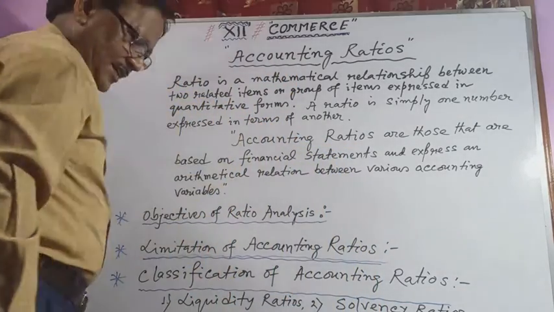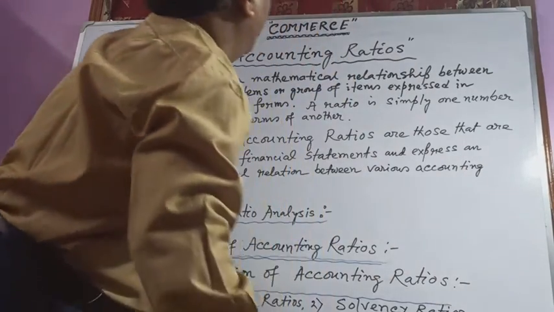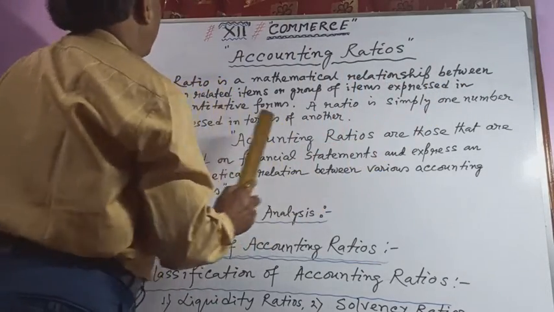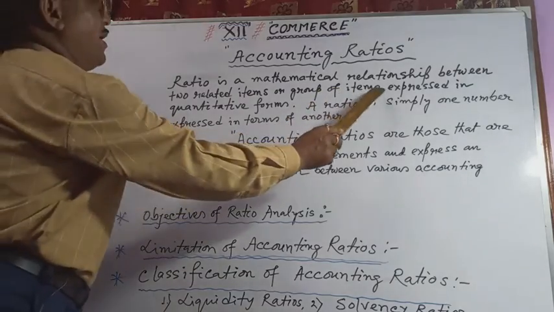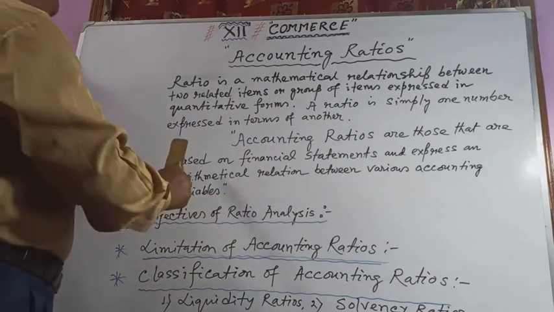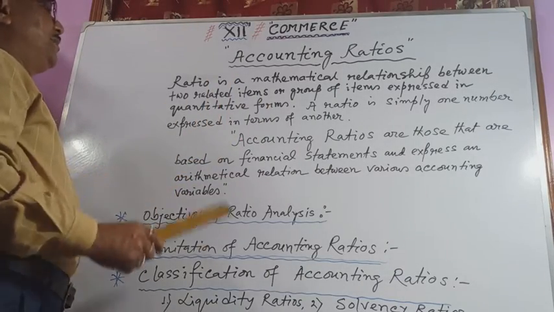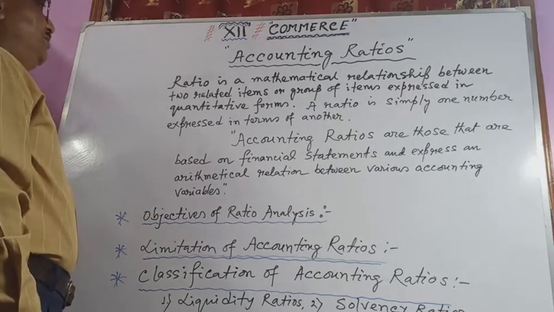A ratio is a mathematical expression or relationship between two related items or groups of items expressed in quantitative forms, that means in rupees, values, okay, not qualitative.